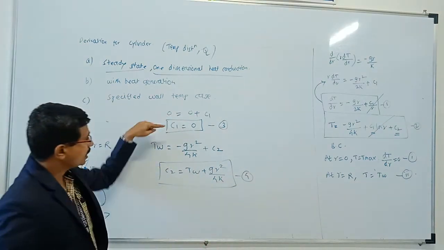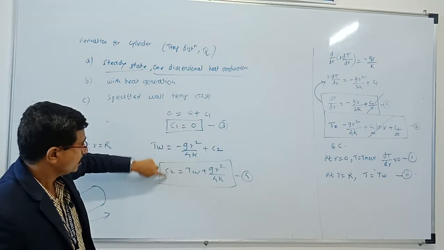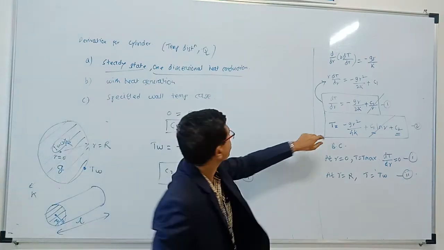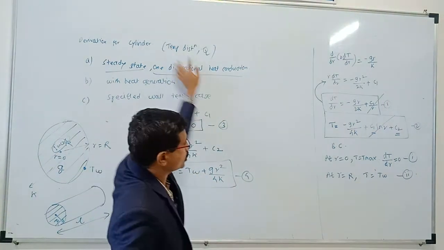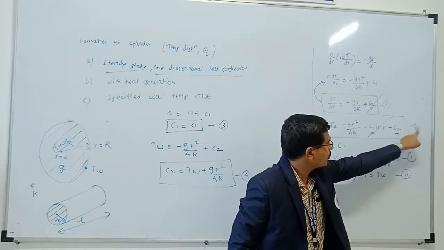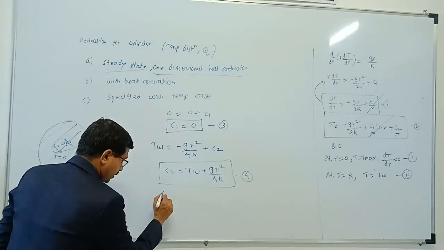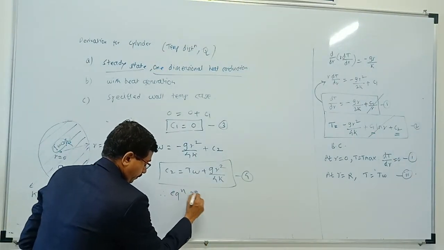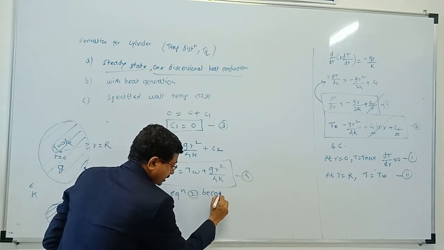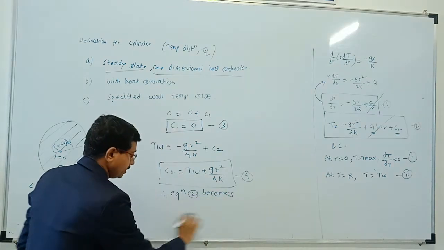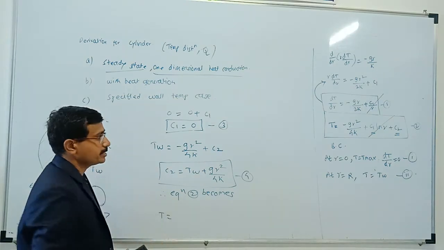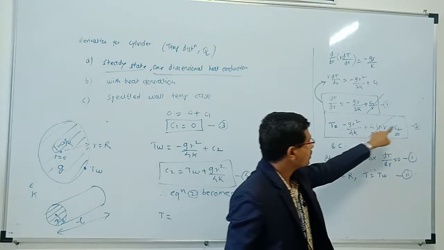Now मेरे पास दोनों कांस्टेंट है C1 and C2. Put this constant in what is our objective? Temperature distribution. So T, expression 2. Therefore equation 2 becomes, because I am interested in temperature distribution capital T, equation 2 becomes T is equal to, by putting the values of C1 and C2.